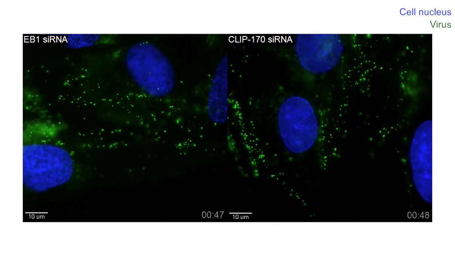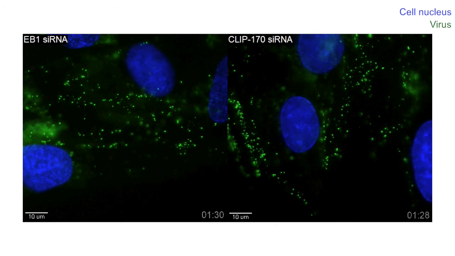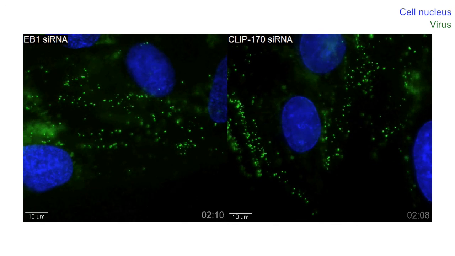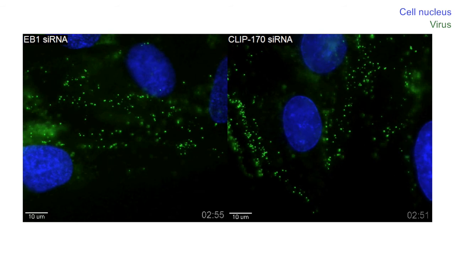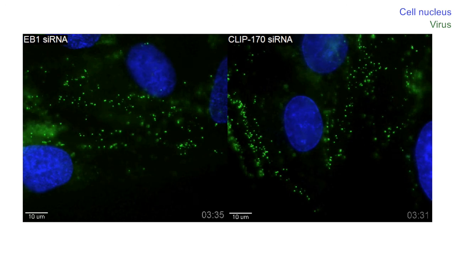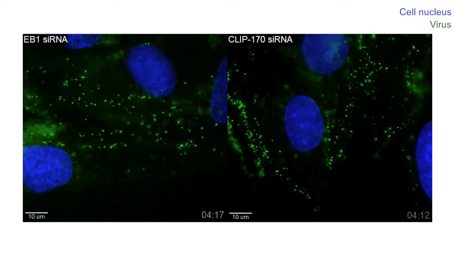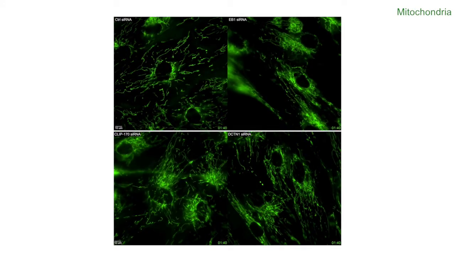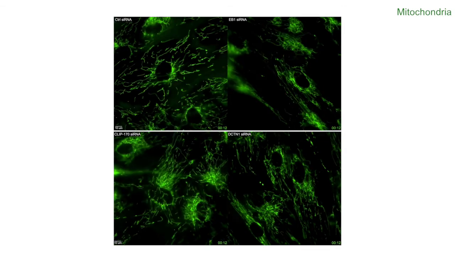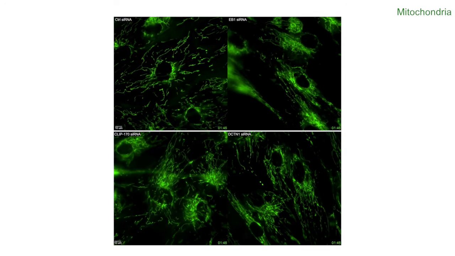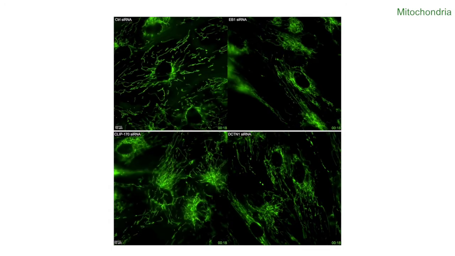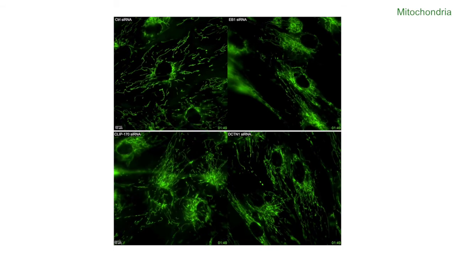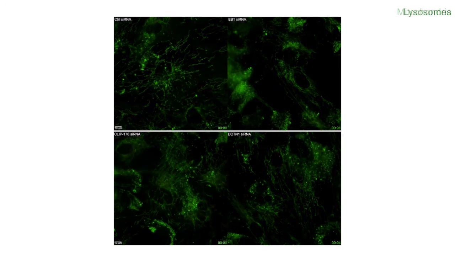Knocking down EB1 or CLIP-170 also blocked long-range viral movements, supporting the idea that dynactin works with these plus-end tracking proteins to capture viral particles in the cell periphery. In contrast, knocking down EB1, CLIP-170 or dynactin had little effect on the distribution and motility of other dynein-dependent cargoes such as mitochondria and lysosomes.